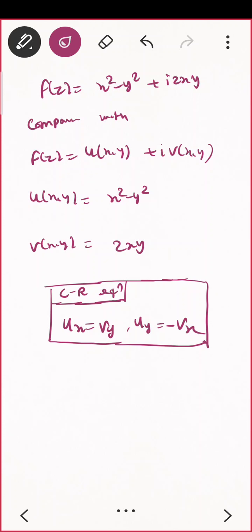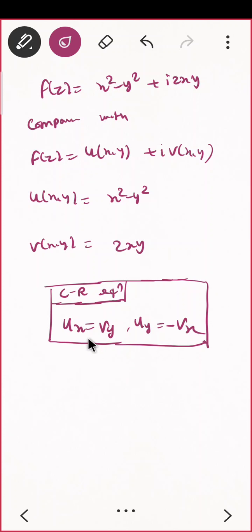Did you verify? What is ux? Do you understand what is ux, vy, uy, vx?